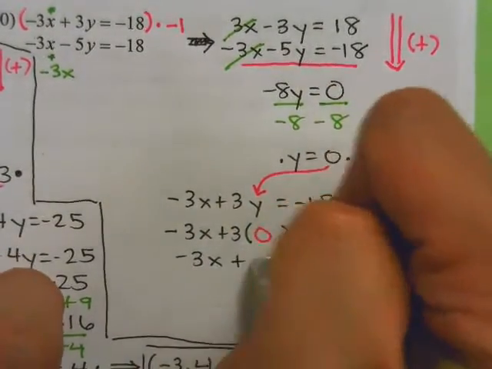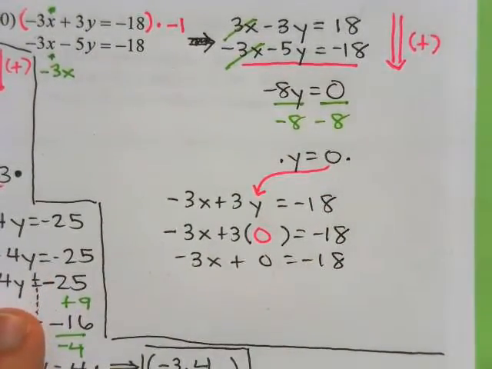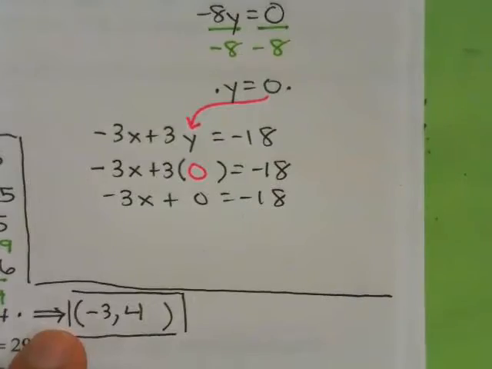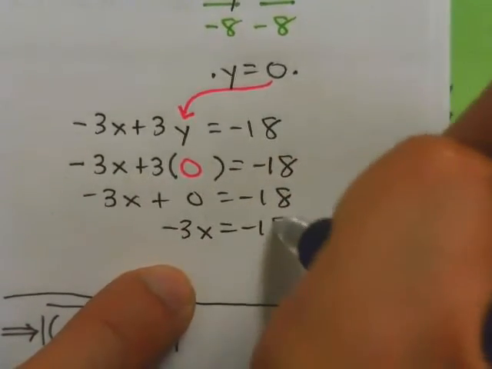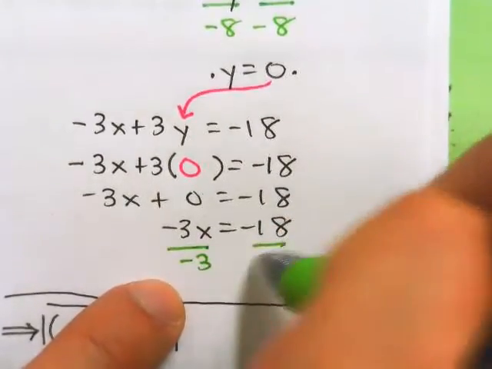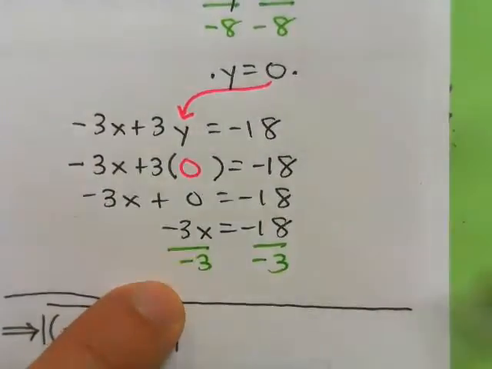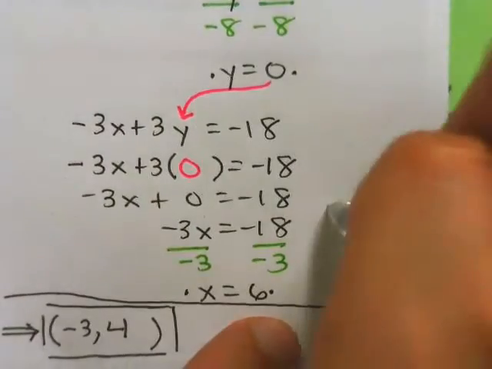Three times 0 is 0. And then after a while, you don't even have to write 0 anymore. Divide both sides by -3. X equals 6.